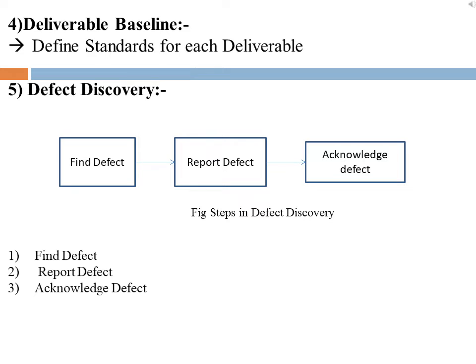Next is deliverable baseline. A deliverable, for example a work product, is a baseline when it reaches a predefined milestone in development. This milestone involves transferring the product from one stage of development to the next.